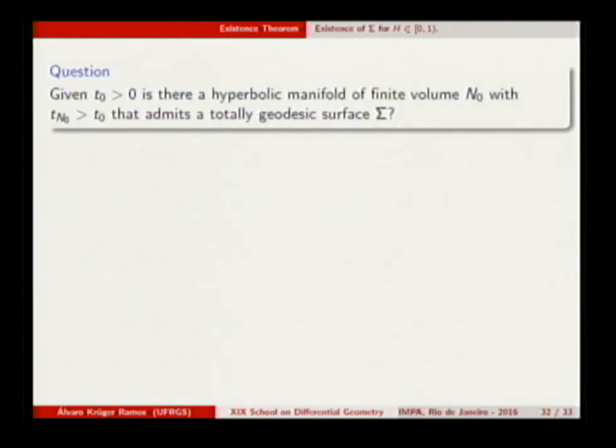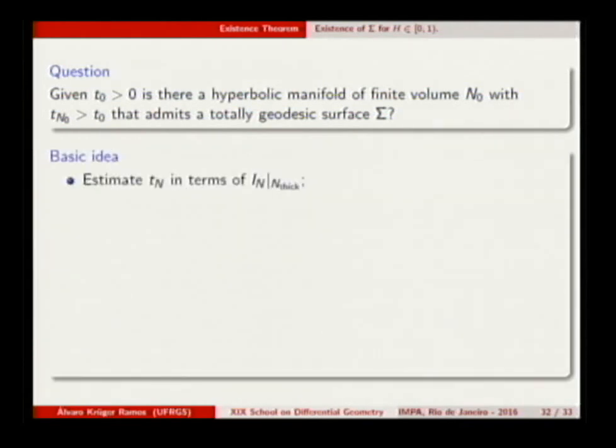So the question to answer actually is this one. Given a t naught, any t naught bigger than 0, is there a hyperbolic manifold of finite volume N naught with this t sub N naught bigger than the given t naught, and which admits a totally geodesic surface sigma? So this is the approach to the problem, and the answer is yes. And the idea of proving this is first make a definite estimate on t sub N in terms of the injectivity radius.